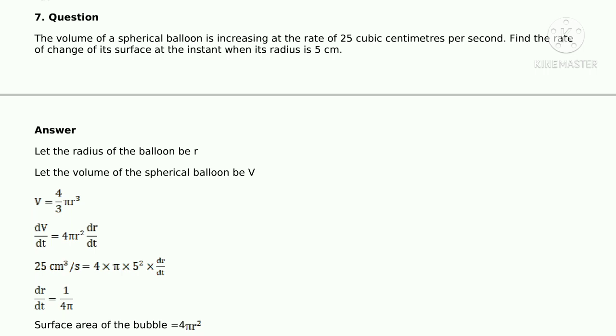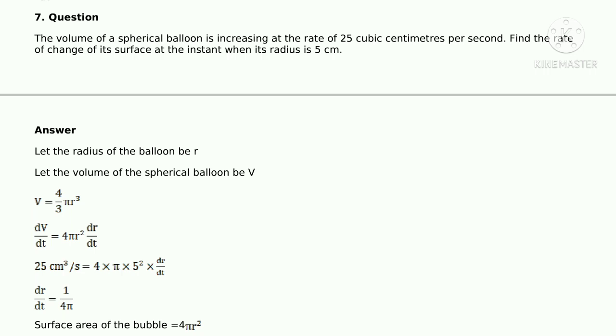And here the rate is given, that means dv/dt is given, increasing at the rate of 25 cubic centimeters per second. So if we differentiate the volume with respect to time, then dv/dt equals 4 by 3 pi, a constant term. This type of calculation we have already done.